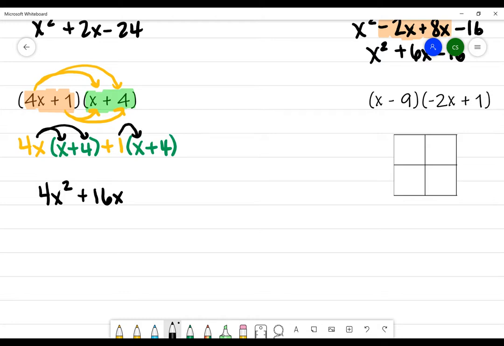Now multiplying 1 to x and multiplying 1 to 4. Check and see if I have like terms. And I do. So I get 4x squared. Remember, if it's not a number in front of the variable, it's understood to be a 1. So 4x squared plus 17x plus 4.